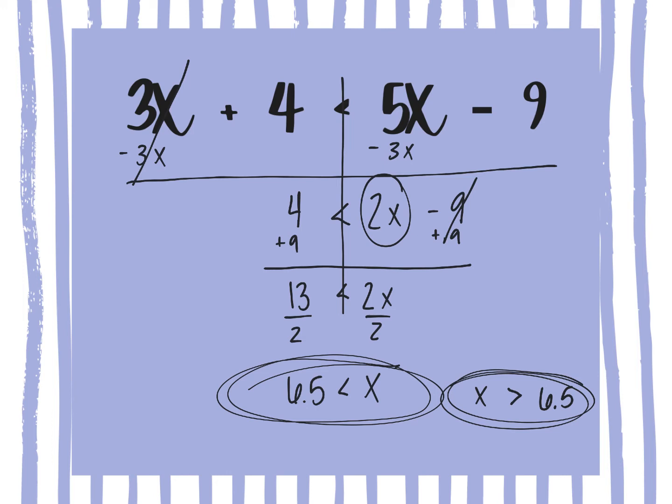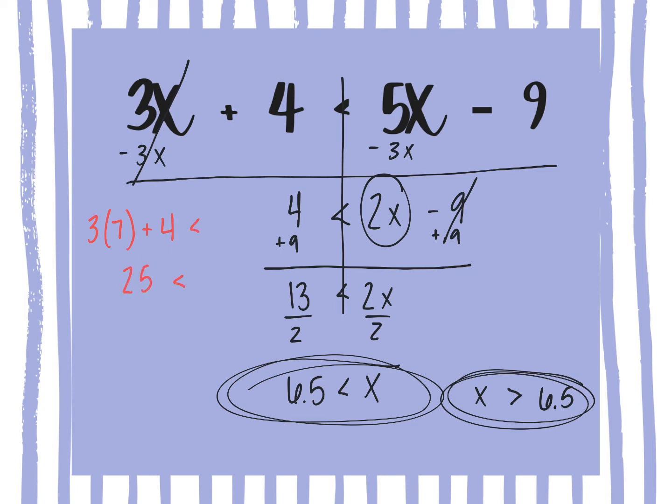Now again, I want to plug in something to verify that my answer is correct. This time, because it's a two-sided inequality, I'll plug it into both sides and just make sure that I get something that works. I'm looking for a value that's greater than 6.5, so I will use 7. Now 3 times 7 I know is 21, and 21 plus 4 is 25.